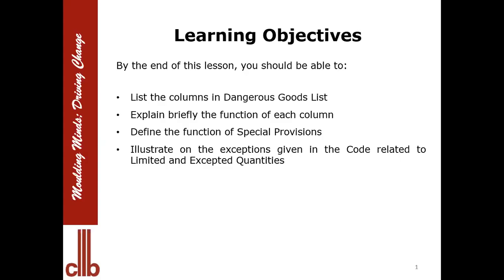For consumer packaging, the risk should not be treated the same as with industrial packaging. The quantities are less, the packaging levels are higher. So there are exceptions that the code introduces. One of them, very famous, is known as limited quantity, which we will learn here. The other one is excepted quantities, which is generally used by air freight but has been moved into sea freight because of multimodalization.